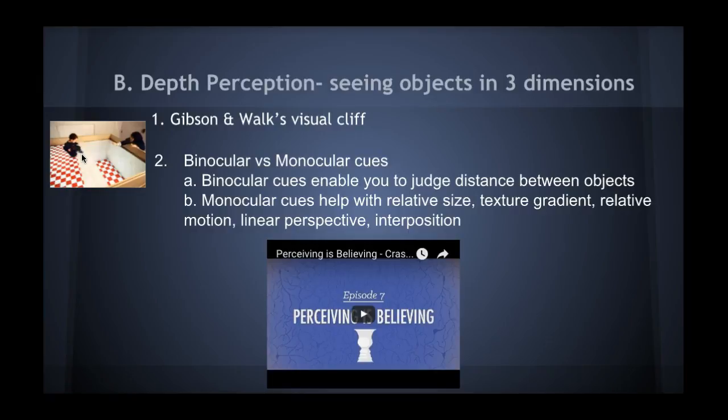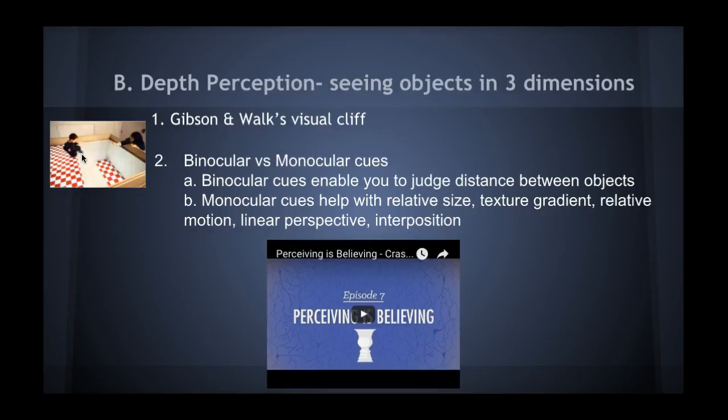Texture gradient, you oftentimes will see, especially if you're an artist, or if you're looking at, for example, mountains, the ones that are closer to you are going to have a lot more texture to them. They're going to have a lot more finer detail, and the stuff in the distance is going to be a lot more smooth and very general, right?